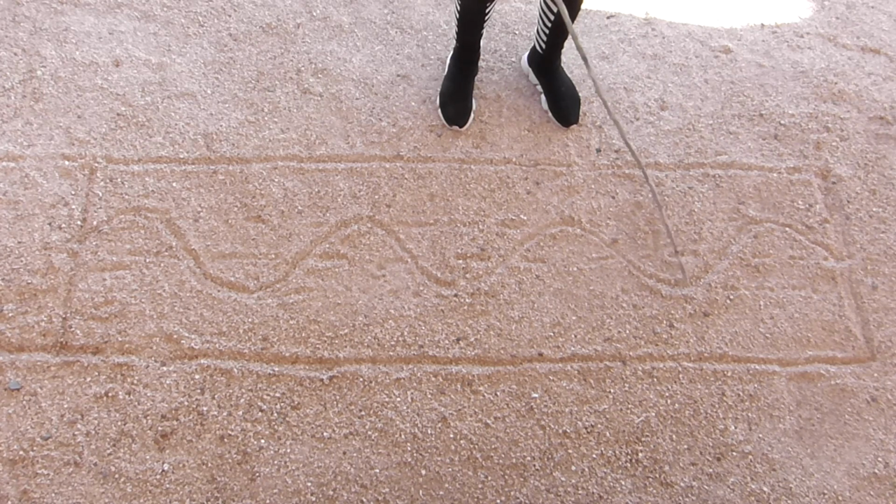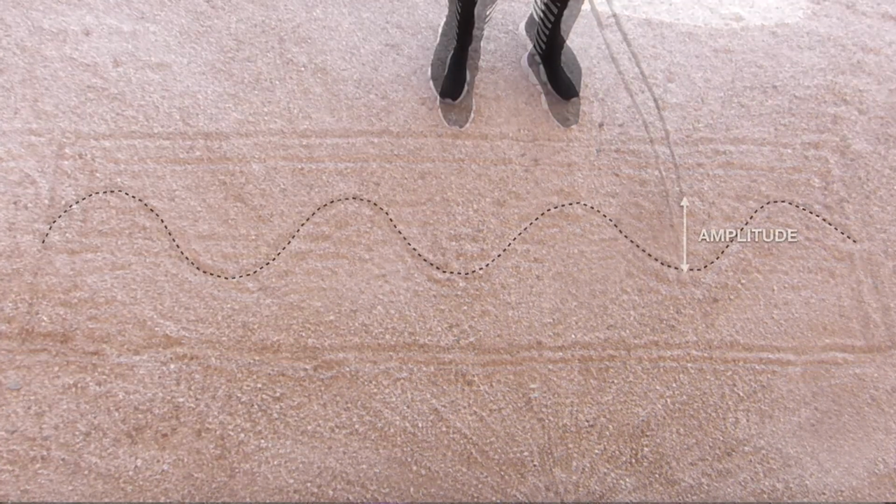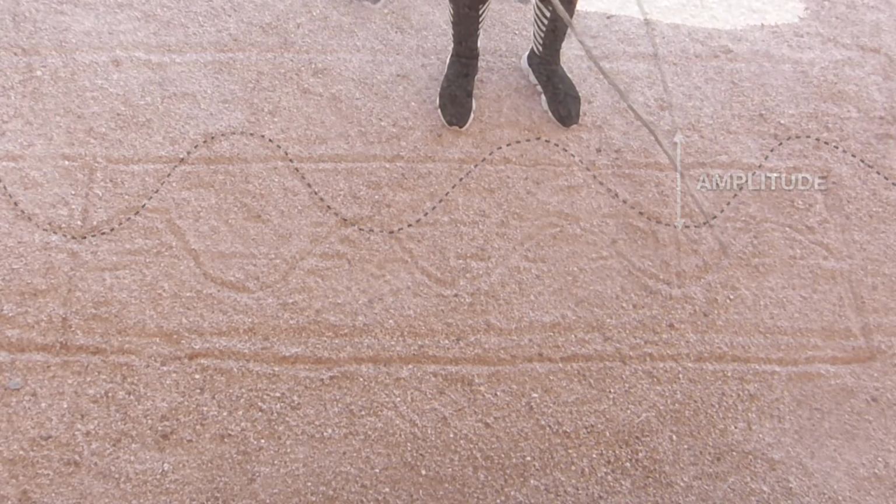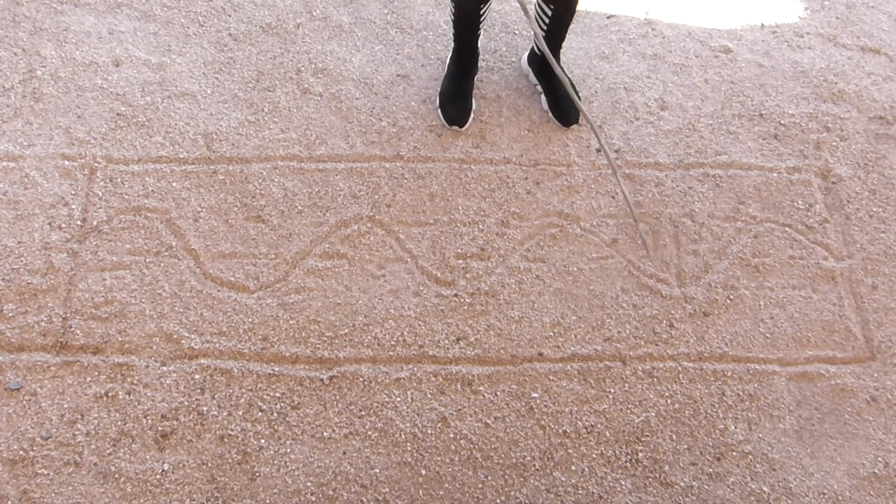The amplitude is actually the distance between the top point of the wave to the bottom point of the wave. So this is our bottom points here. And this is the amplitude, right? This is the amplitude. This is number one. Number two, the wave length.